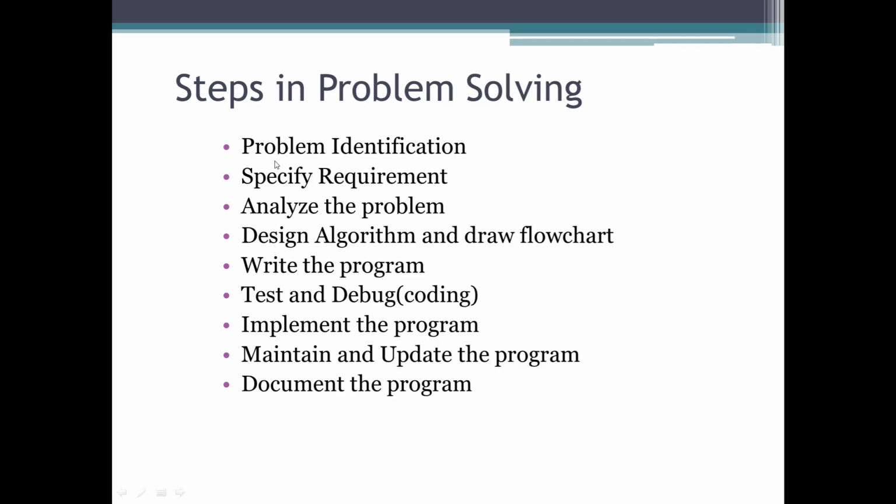So these are actually 1, 2, 3, 4, 5, 6, 7, 8, 9, 10 steps, and these steps are very important. In chapter number 1, you have these steps in detail. So today we are going to see a little information on each step, so that you can have a better idea of problem solving.